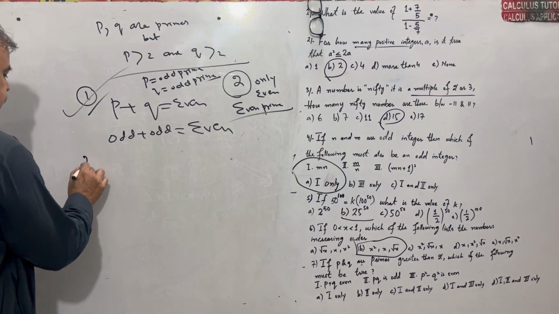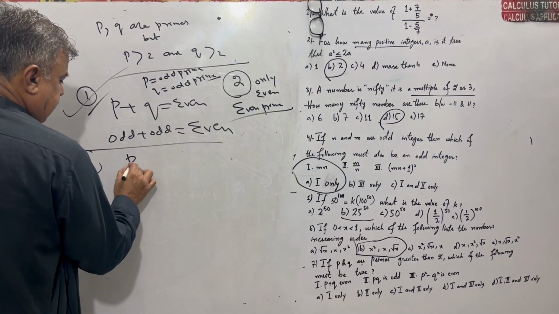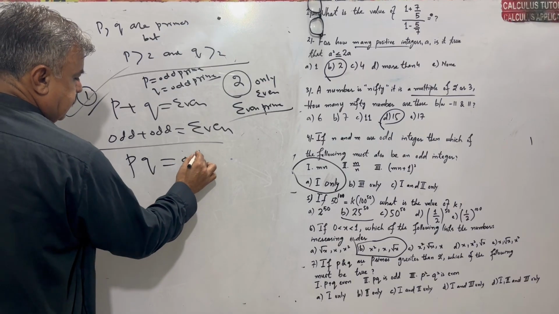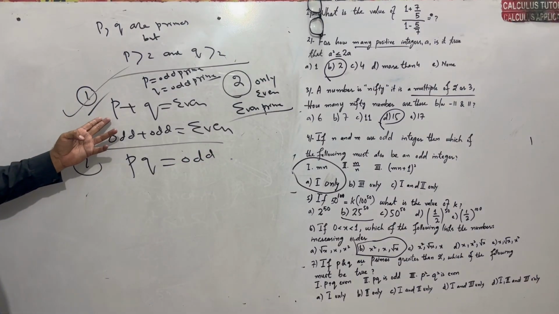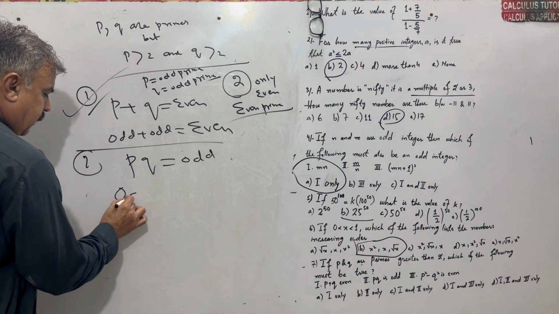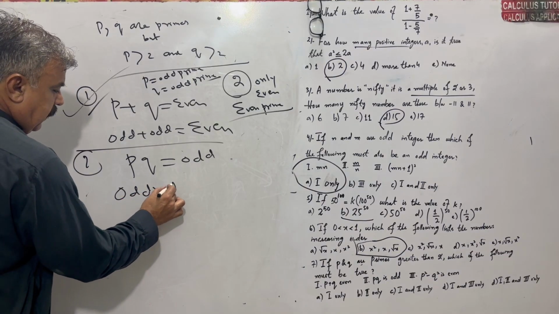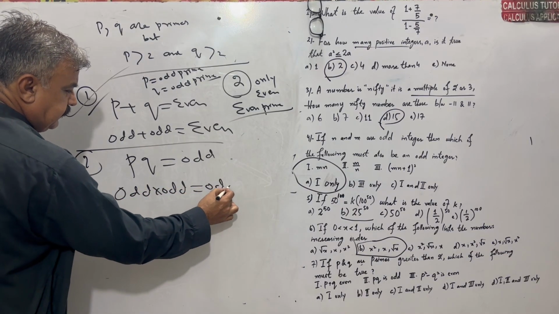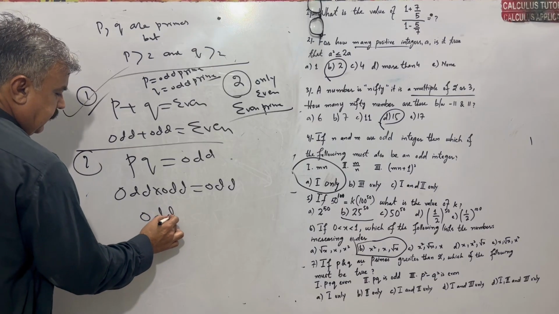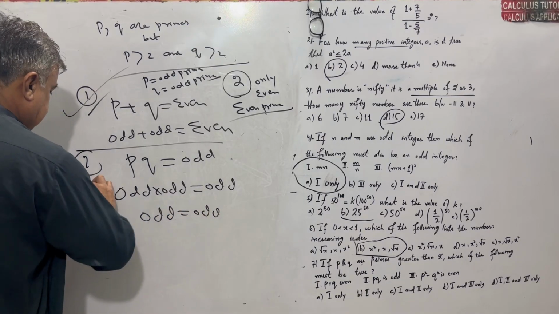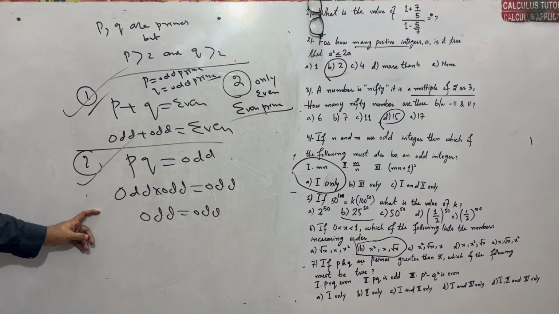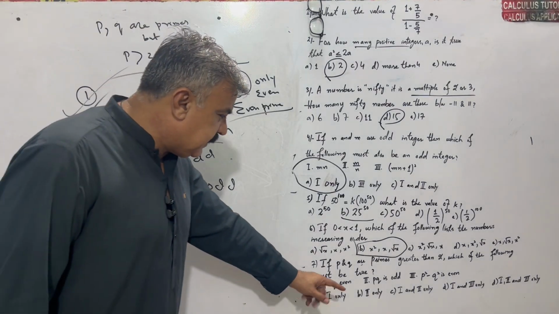That is P times Q is odd. As P is odd, Q is odd, odd times odd, result is odd, definitely. So it is also valid. The second proposition that is given to us is also true.